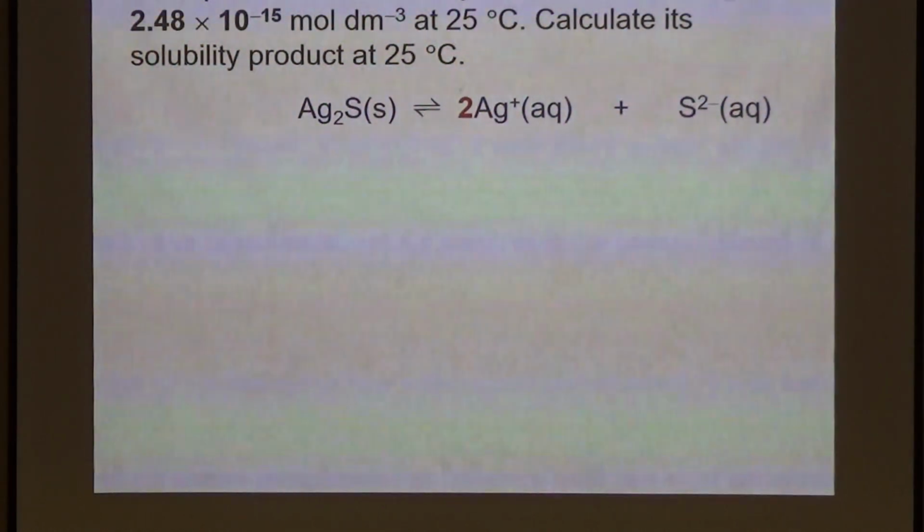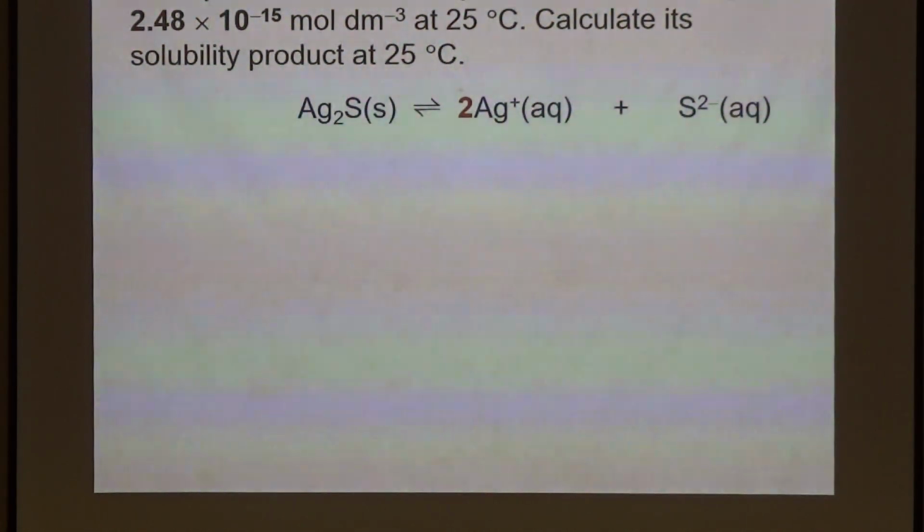Now it seems to me sometimes students have a bit of a phobia about solubility and solubility product, which I don't quite get, because I personally think it is easier than the acids and bases stuff. Now, look at what numbers you are given.